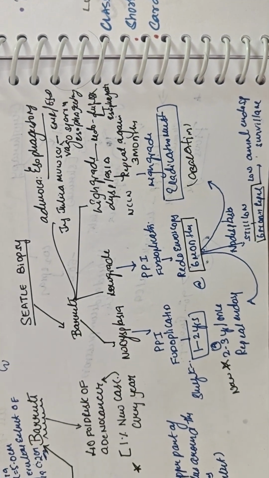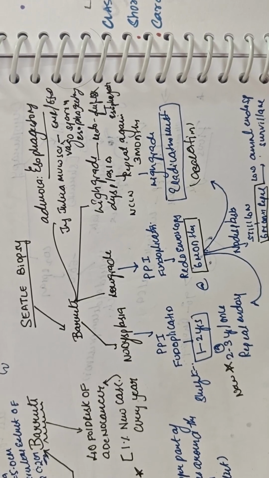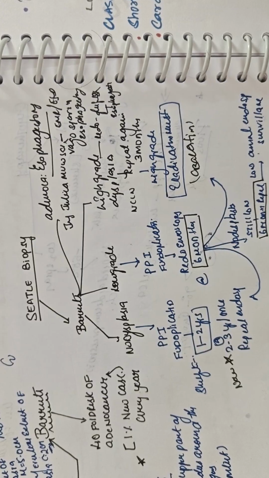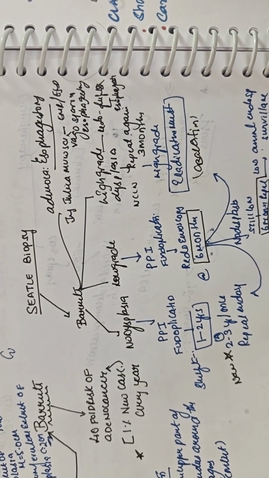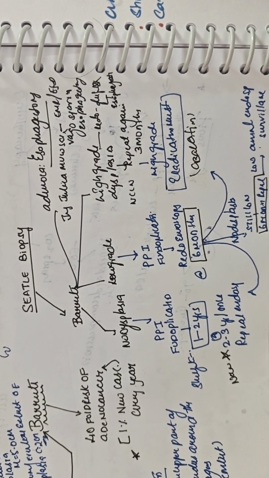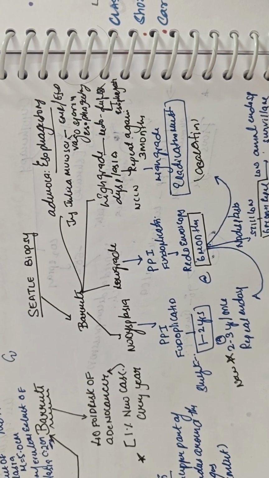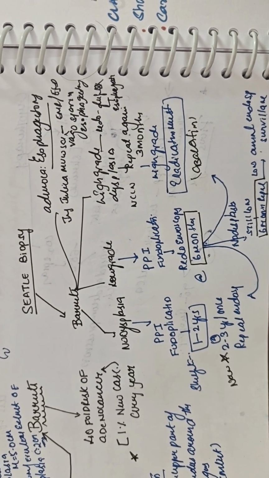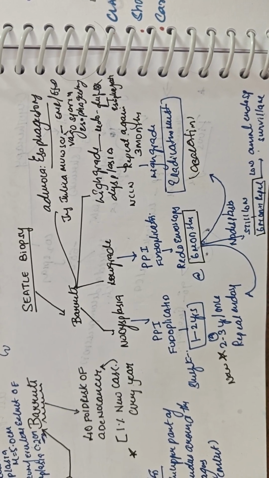When do we redo it? We redo the endoscopy after 6 months. After 6 months, if the patient now has no dysplasia, we screen the patient with endoscopy every 2 to 3 years.